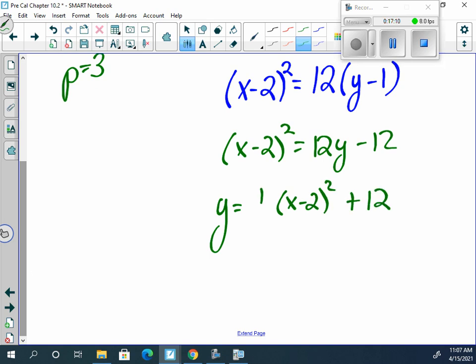And then divide everything by 12. And I get 1/12 times x minus 2 squared plus 1. Would be the exact same equation if we wanted to solve it. Or essentially, we could have divided both sides by 12 and then added 1 to it. Any questions on this here? Okay.